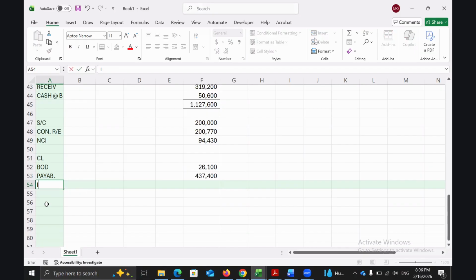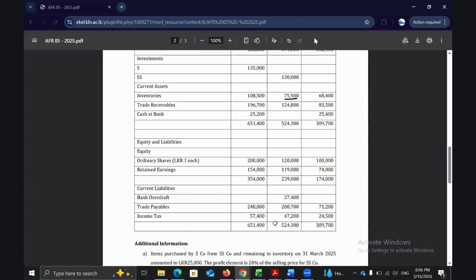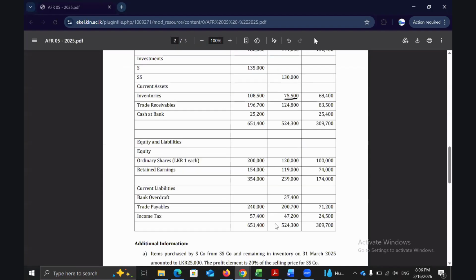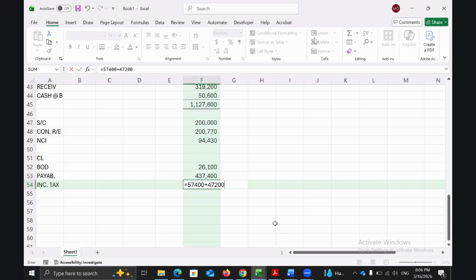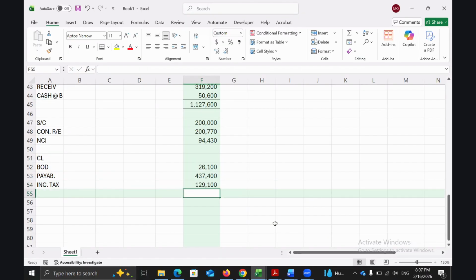Then the income tax. The income tax 57,400 plus 47,200 plus 24,500. 129,100.